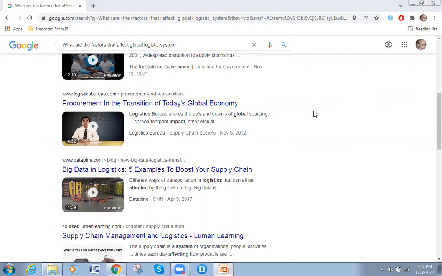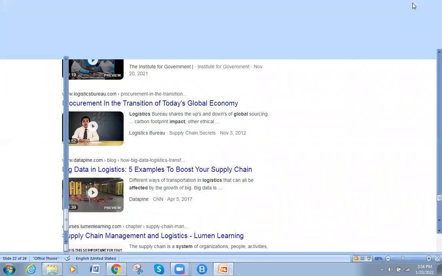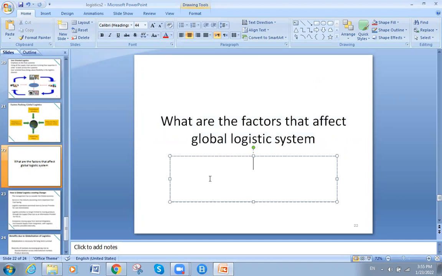We have now to move on to our own notes again to check out our notes. So what are the factors that affect the global logistics system? And I will give you a chance here. I'll stop here for around 5 minutes to take your answers, my dears, about this type of question.